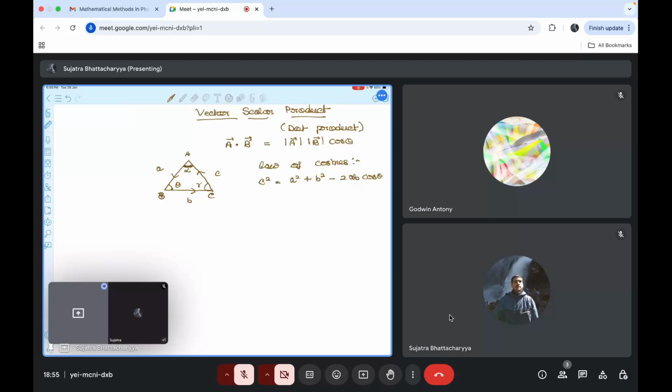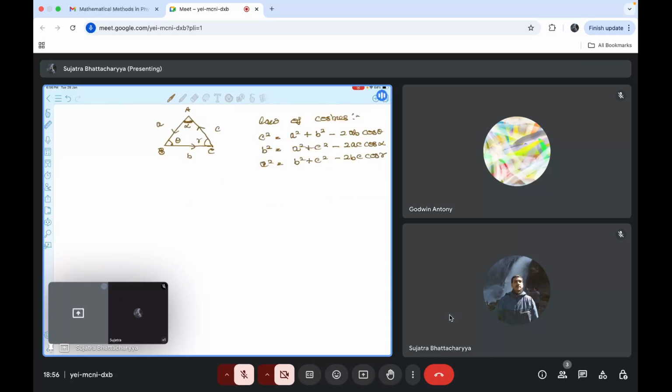Wherever this angle is, the opposite side square, b square, is equal to a square plus c square minus 2ac cos alpha. Similarly, a square will be b square plus c square minus 2bc cos gamma. This is how we can write the law of cosines using the sides and the angles of the triangle.